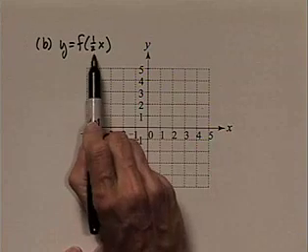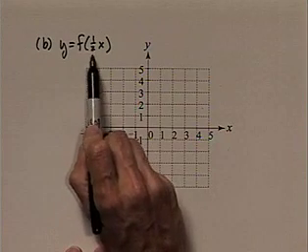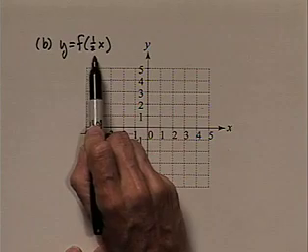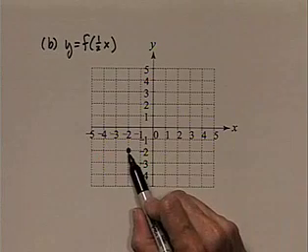Well, let's do part B. This was a horizontal stretch, actually, of the function. And what we're going to do is horizontally stretch each x by multiplying each x by a factor of 2. So I've taken the point -1, -2, multiplied the x coordinate by 2, and plotted the point -2, -2.